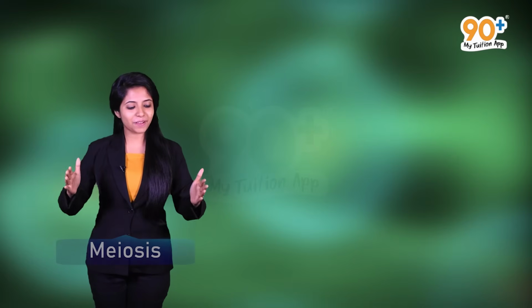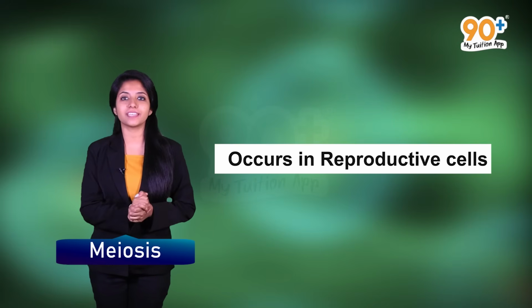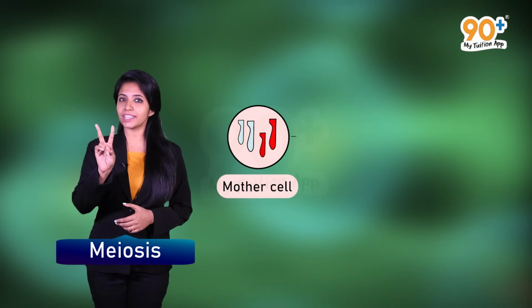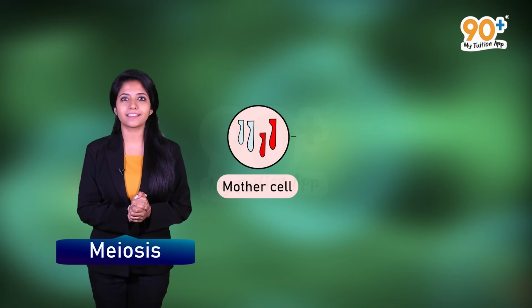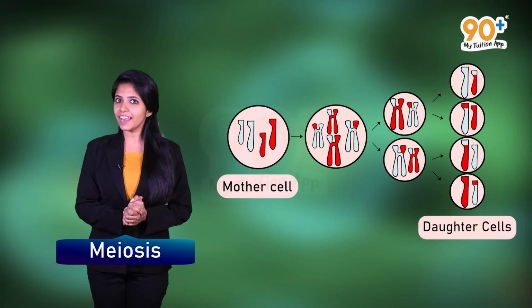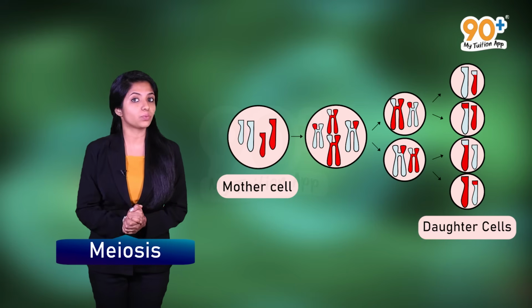Now, the second type of cell division is meiosis, and it takes place in reproductive cells or gametes. You know what? Here, in the case of meiosis, two sets of cell divisions take place, and it gives rise to 4 new daughter cells, unlike in the case of mitosis where only 2 new daughter cells were formed.